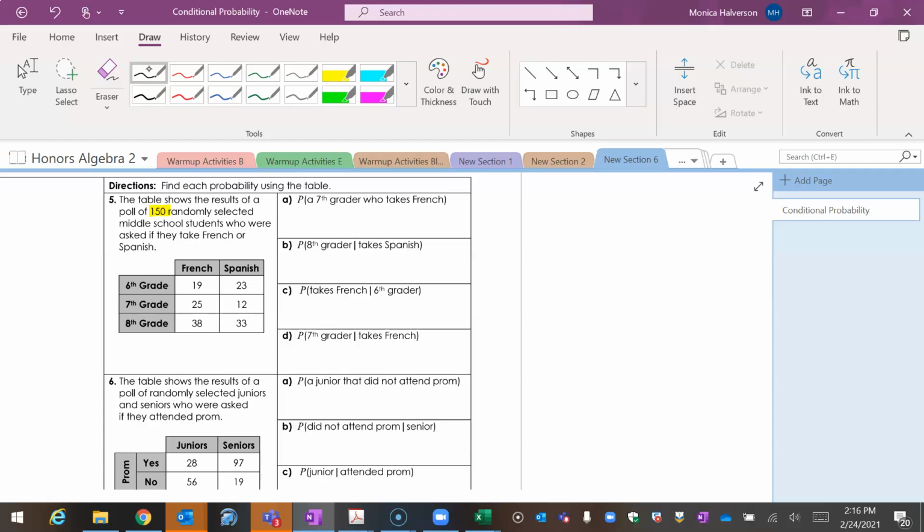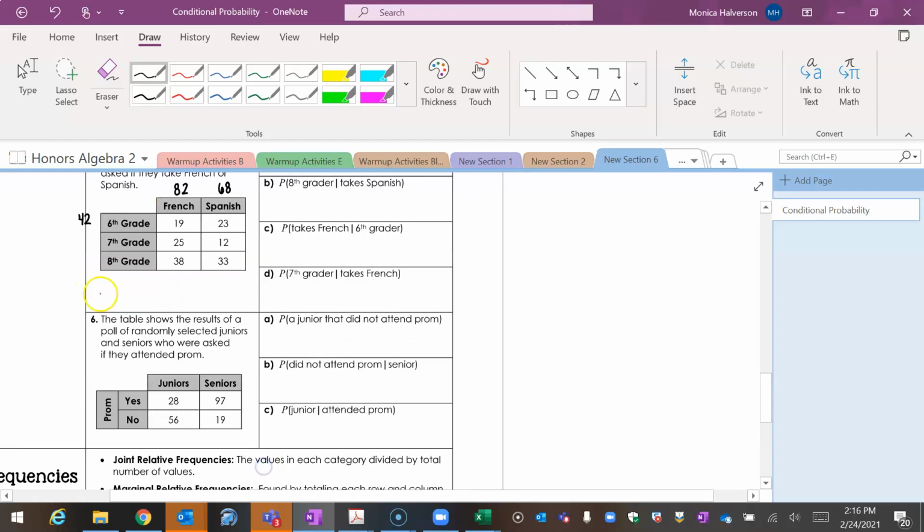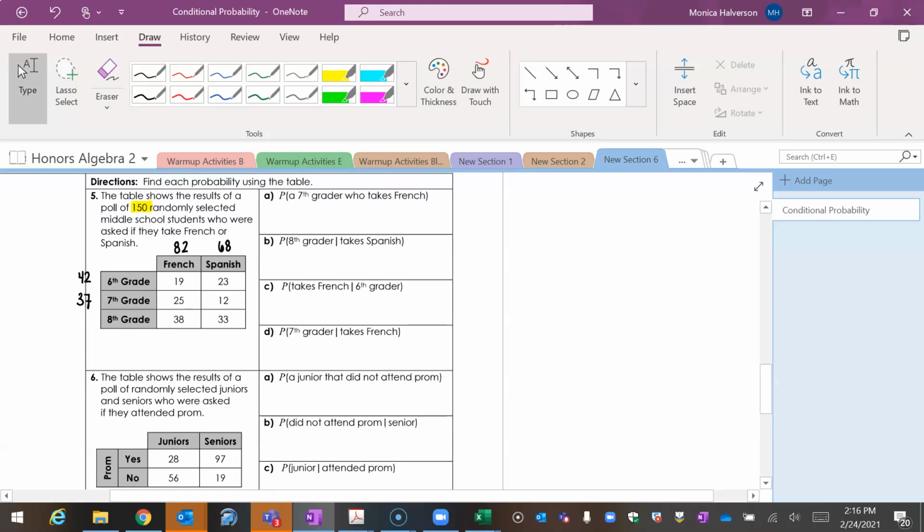Based off of this, the total number of students who preferred French was 82, which means the total number of students who preferred Spanish was 68. The total number of sixth graders was 42, the total number of seventh graders was 37, and the total number of eighth graders was 71.